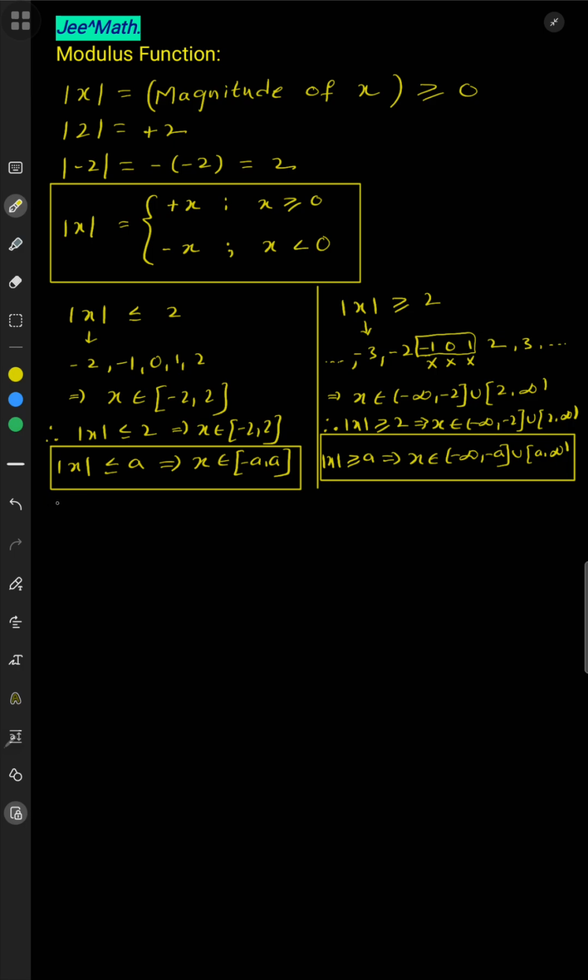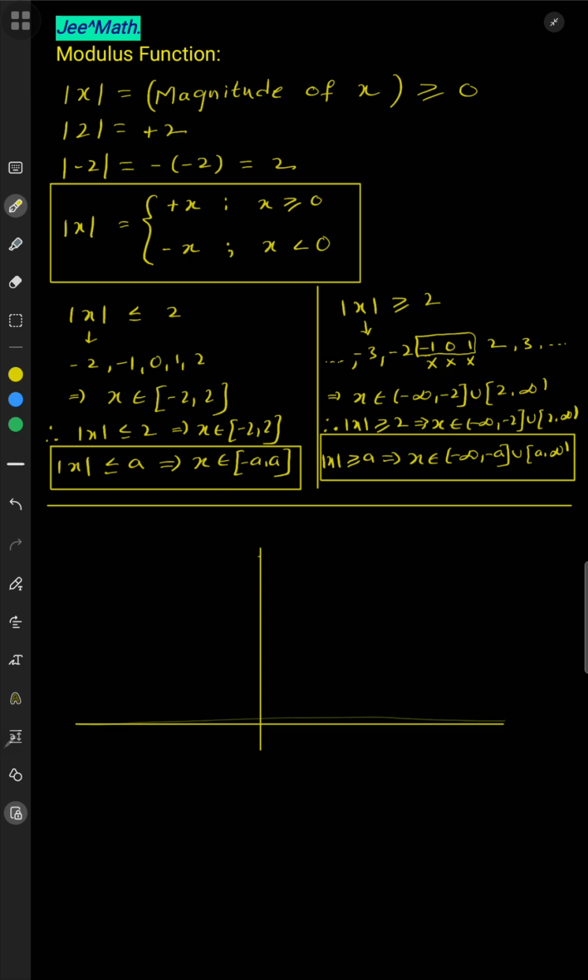Now we'll see the graph of modulus function. See here, graph of modulus function. These are values of x and these are values of modulus of x on the y-axis.